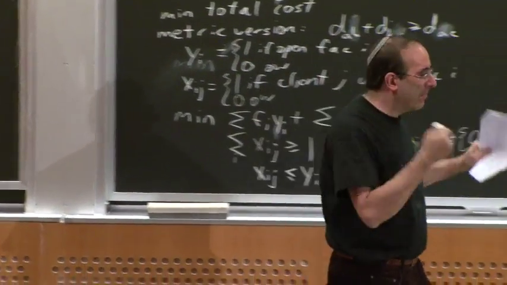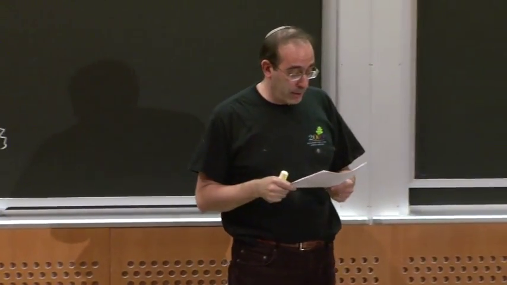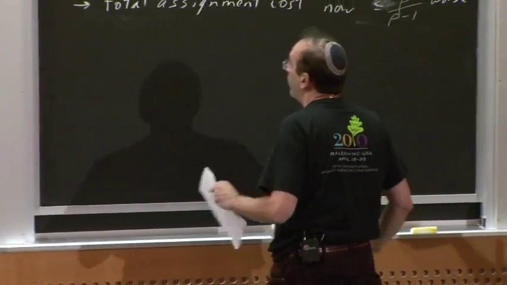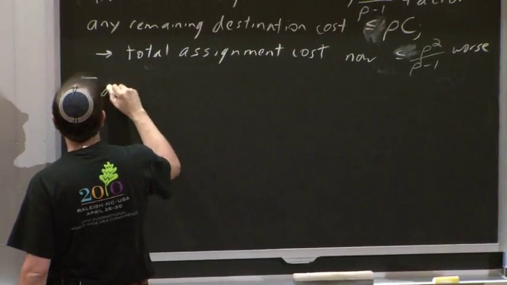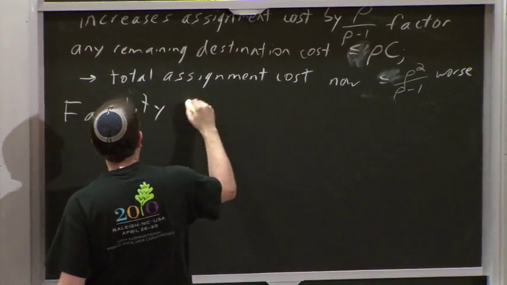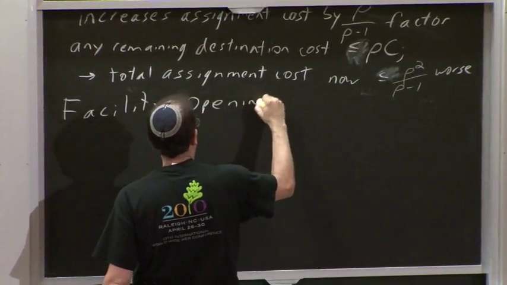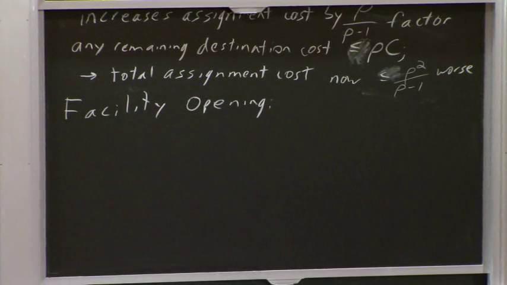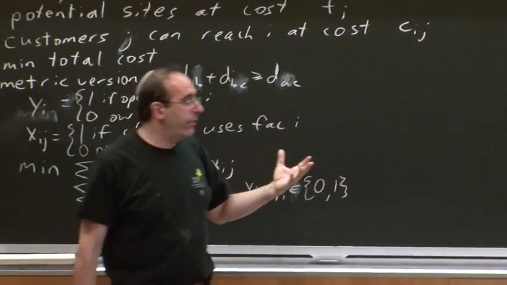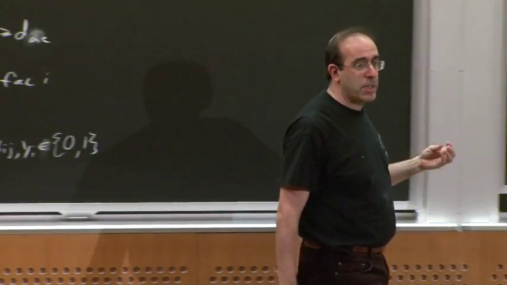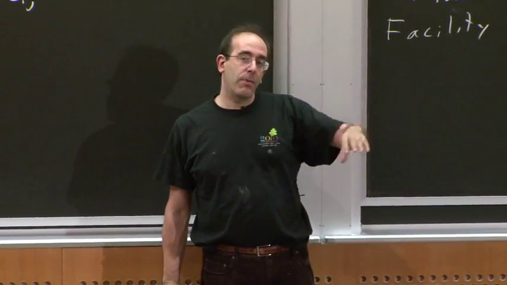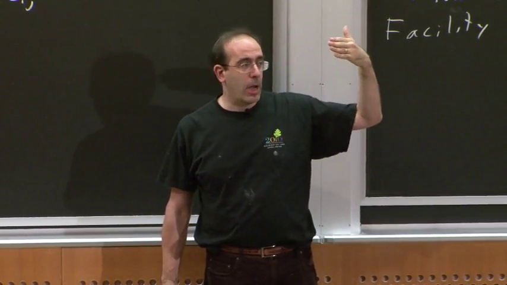Okay. So what's left? We've kind of taken care of the assignment cost, but now we've got to deal with the facility opening cost. Okay. So what do we say about facility opening? So here we pick up from what we were saying before, that we want to open facilities, and just like in vertex cover, if a facility already has a large yi, then opening it just represents multiplying that yi by a small constant.